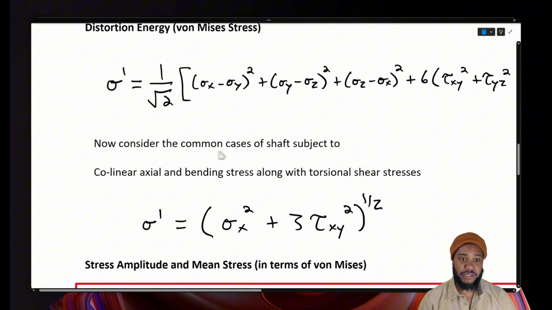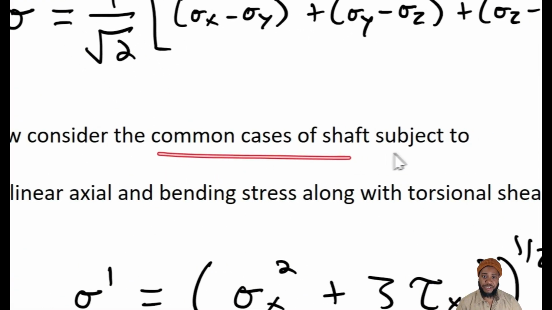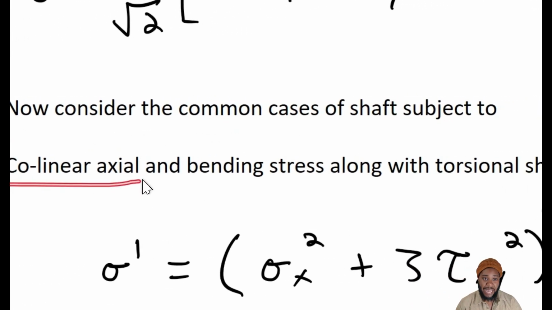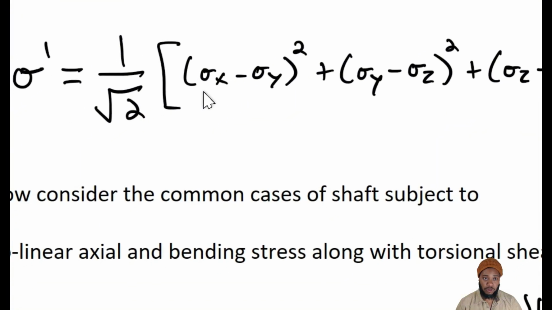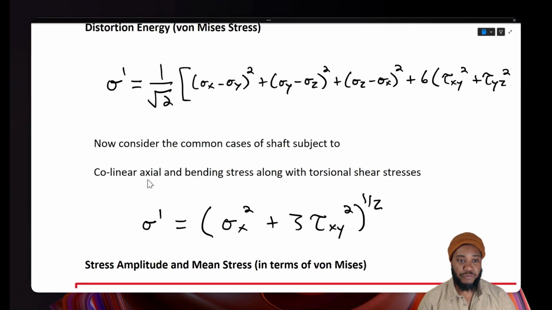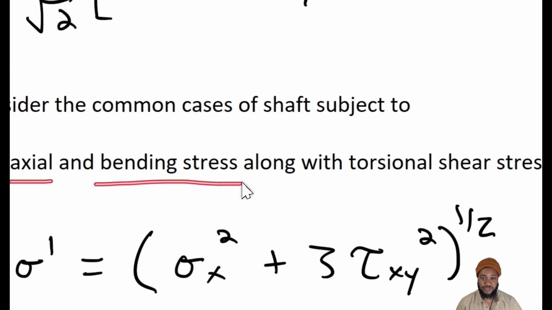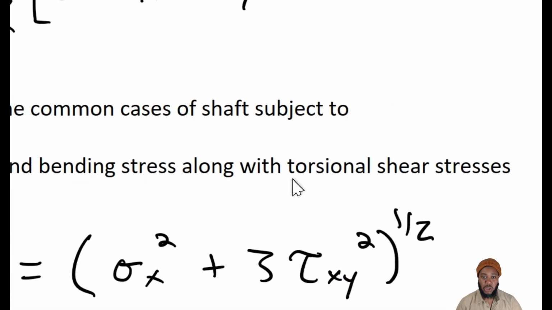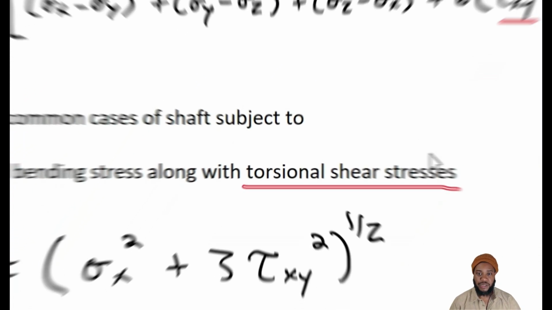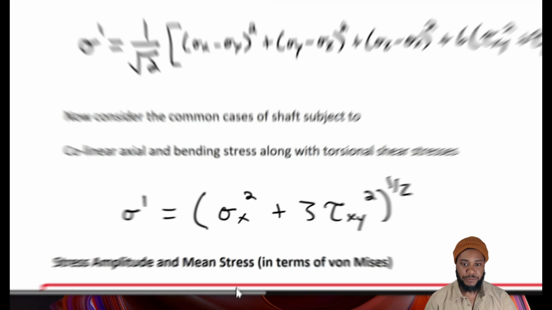Now let's consider the common case of a shaft that's subject to collinear axial loads. So all the loads are, say, carried in the x direction from axial and bending stresses in the same direction, along with torsional shear stresses, so a shear stress carried in that structure.